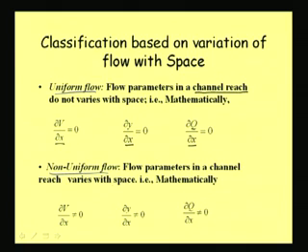Here the flow parameters in a channel reach vary with space, and mathematically we can write that as del V del x is not equal to 0, del y del x is not equal to 0, and similarly del q del x is not equal to 0. Now we need to draw some figures to illustrate what we mean.